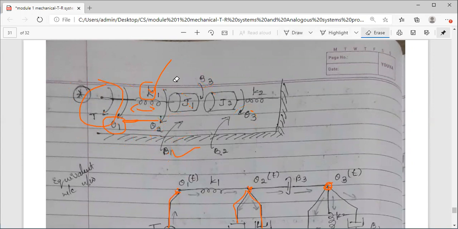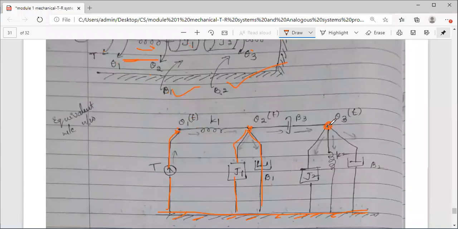Coming to the third displacement, theta 3, there is J2, there is K2 purely connected, there is B2. 3 elements are there. This B3 will again be shared. So only 3 elements: J2, B2 and K2. Fine.